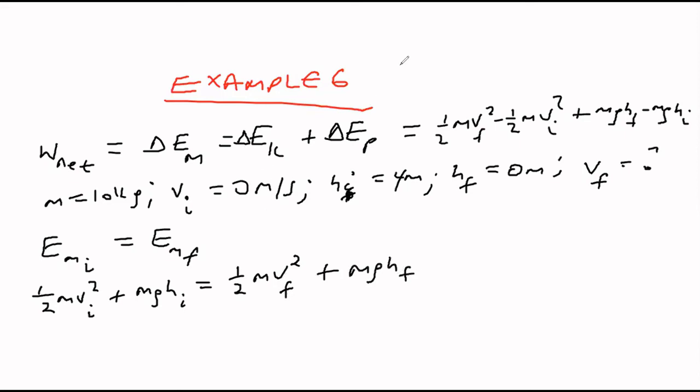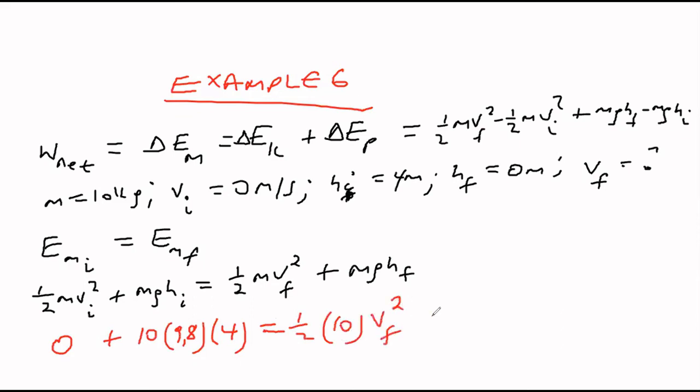Then you can substitute. Kinetic energy initially is 0. The mass is 10, g is 9,8, the initial height is 4. The mass is 10, v final is what we're looking for, plus the height is 0 on the ground.